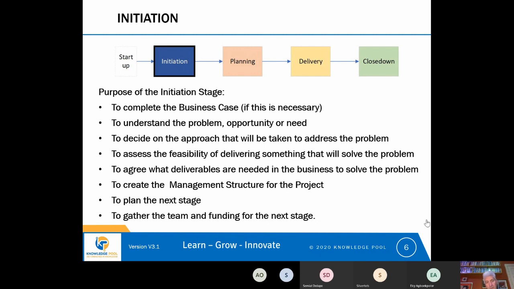So for example, understanding the problem, deciding on the approach, assessing the feasibility, agreeing the deliverables, and creating the project management structure, they will often be captured in a project charter or a project mandate, or possibly something called a project initiation document.